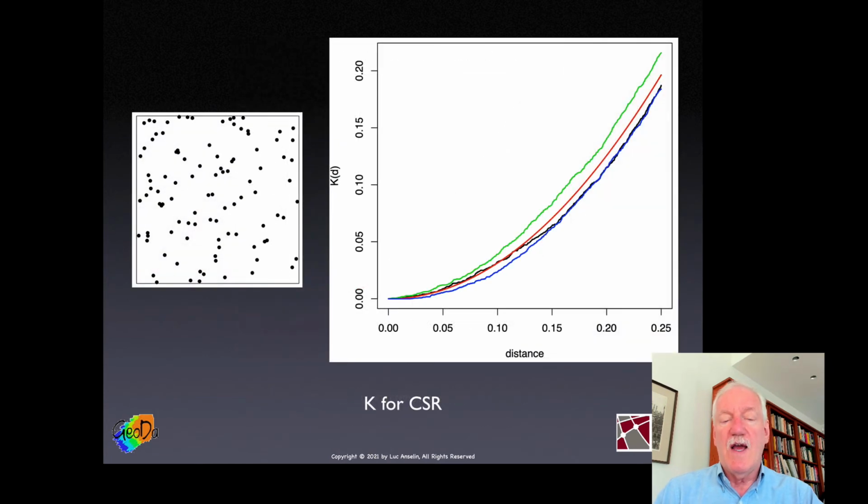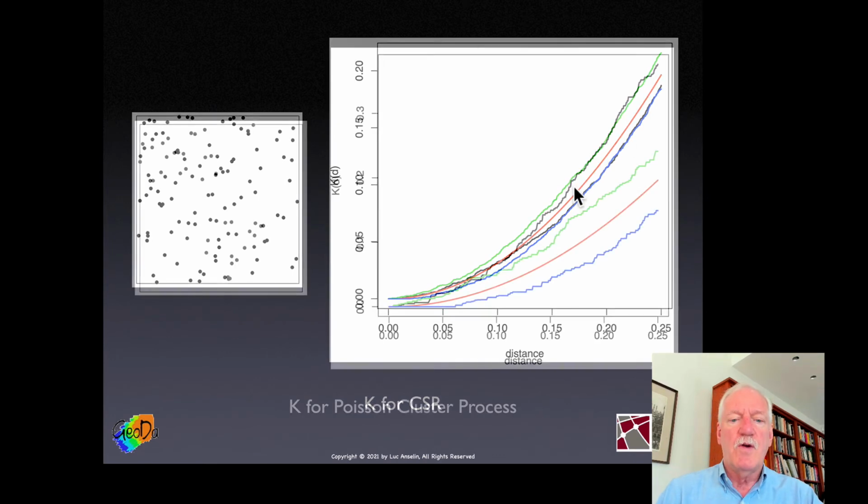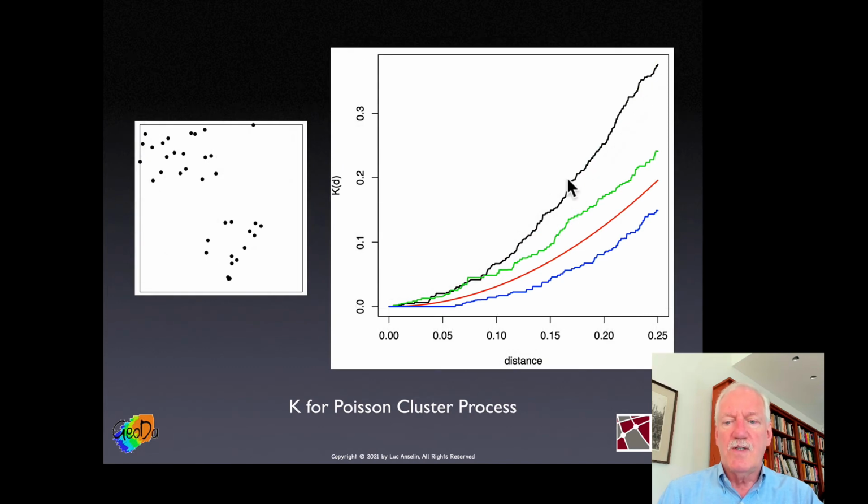What does this look like under the three cases? Null hypothesis: we can see it from the randomization envelope, but this is a random process that I've simulated, and the black line, you see, stays very nicely within the randomization edges. Clustering, it's above. This is the same cluster process that I used before.